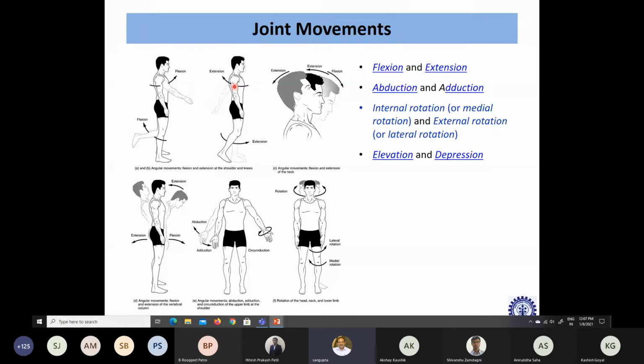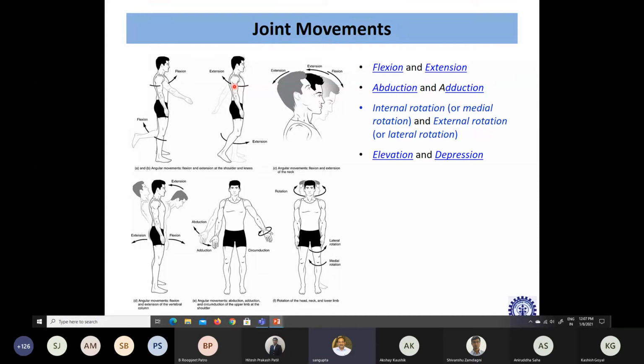So towards the front, if you move your arm, we are calling it flexing of the arm. When you move it back, we are actually extending the muscles. If you feel yourself that you are more extending the muscles, that's the reason it is called extension.